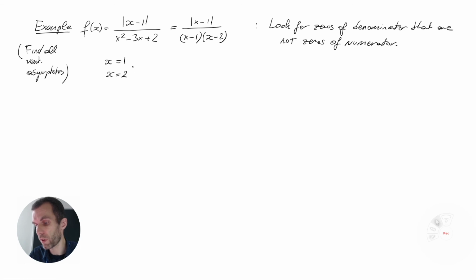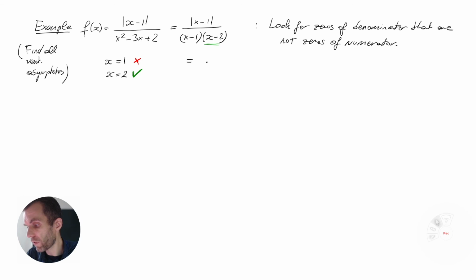Those are both zeros of the denominator, but x is 1 is not going to be a vertical asymptote because it's also a 0 of the numerator. By contrast, x is 2 is a 0 of the denominator, but not of the numerator, so that's going to give rise to a vertical asymptote. And we can see that a bit closer from the function prescription. So we had absolute value x minus 1 divided by x minus 1.